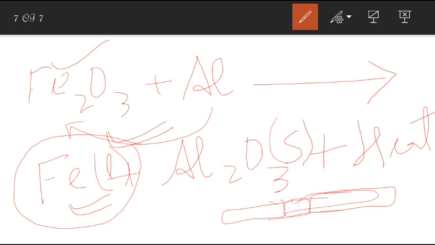This is the process of aluminothermy or thermite welding. So this whole process is called the extraction of moderately reactive metals. In the next topic we will study the extraction of highly reactive metals.